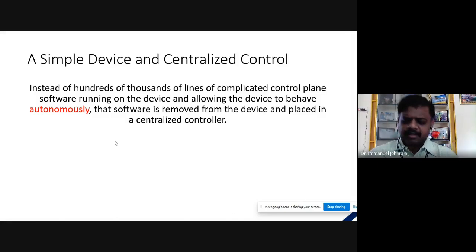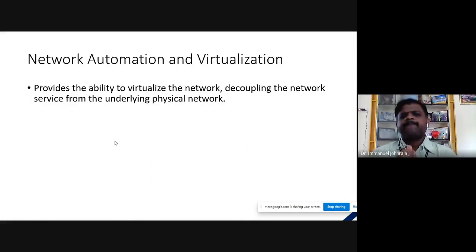Rather, why can't this calculation be done in a centralized way? Based on that, the control signals can be transferred to all these devices to take a call on the routing operation. So that's the idea. We have a simple centralized device to control the operation of the network, and maintenance is also going to be simple.